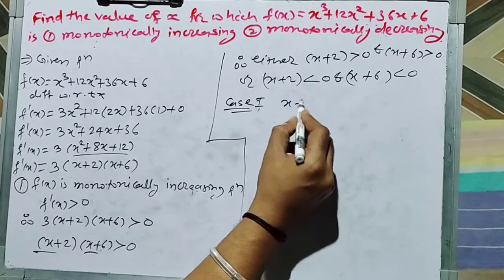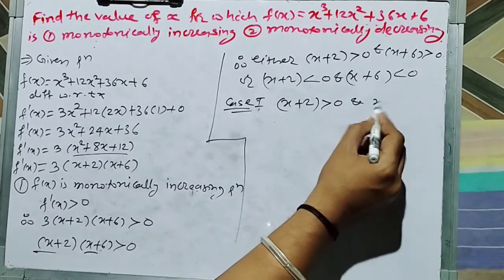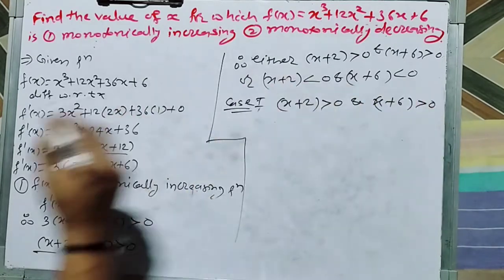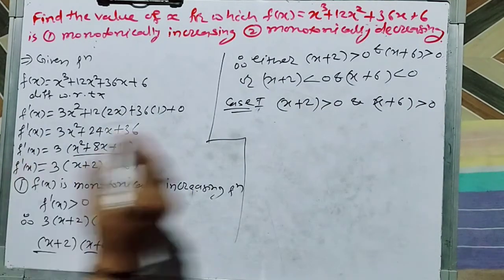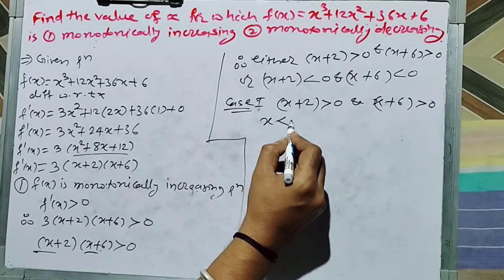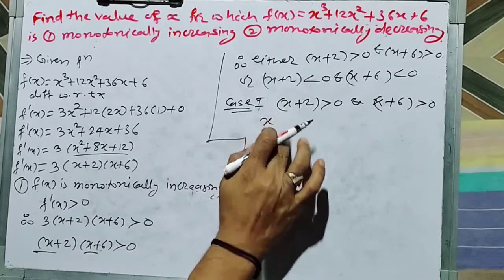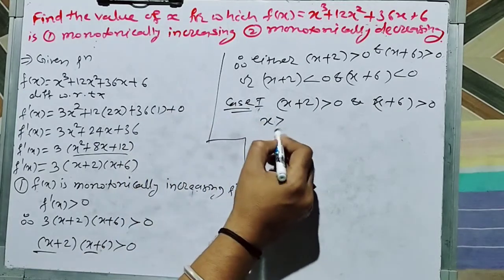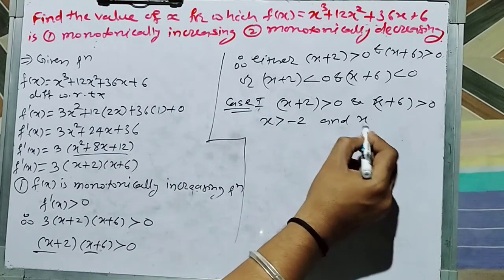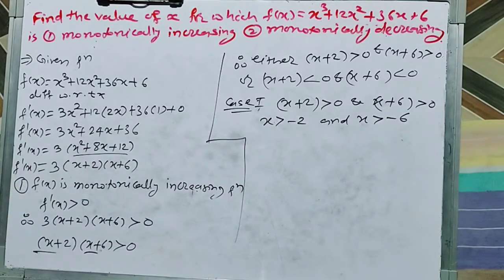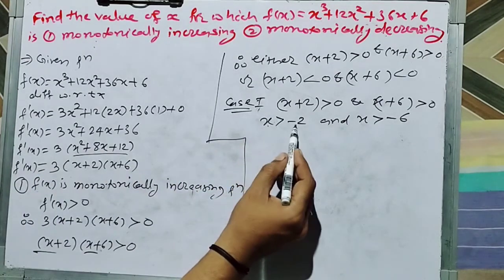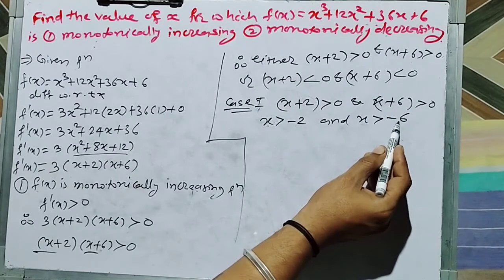In the first case, whenever x plus 2 is greater than 0 and x plus 6 is greater than 0, x is greater than minus 2 and x is greater than minus 6.